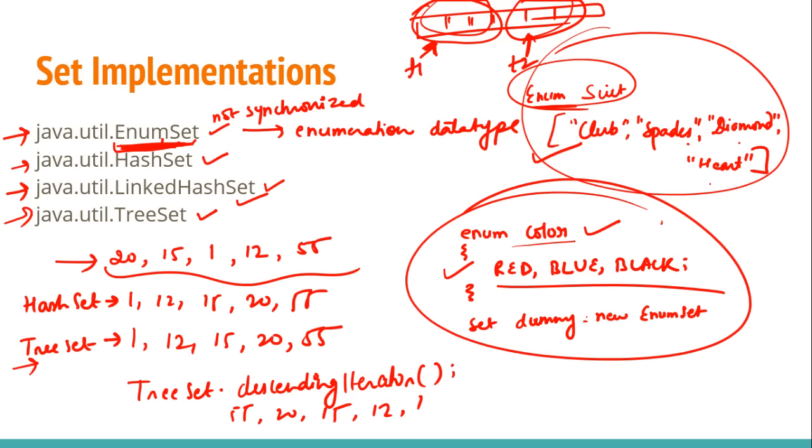Okay, Amir is asking, why doesn't it follow sequence? Amir, it doesn't follow sequence because behind the scenes a hash set uses the hashing technique to store data into the map, into the set, right?